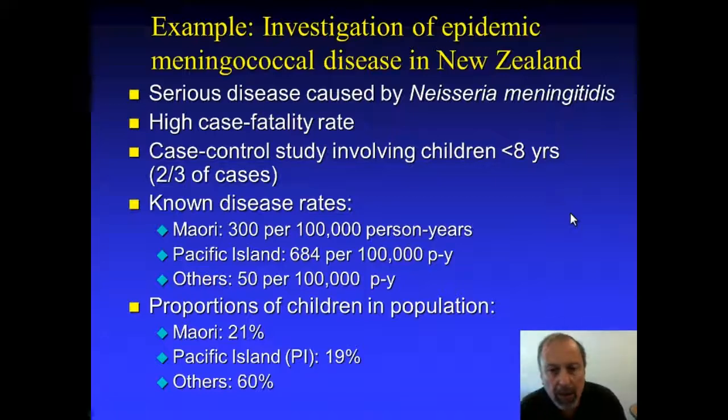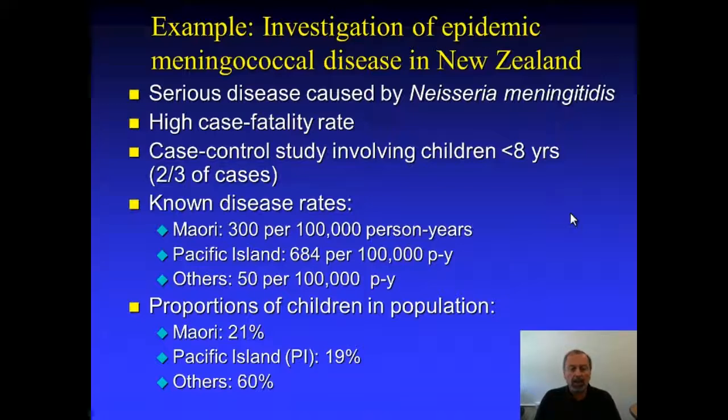In other words, a high proportion of people who were infected with this agent died, and most of the cases were in young children, less than 8 years old. This was actually 2/3 of all the cases, which can occur in older people, but mainly occur in young people.